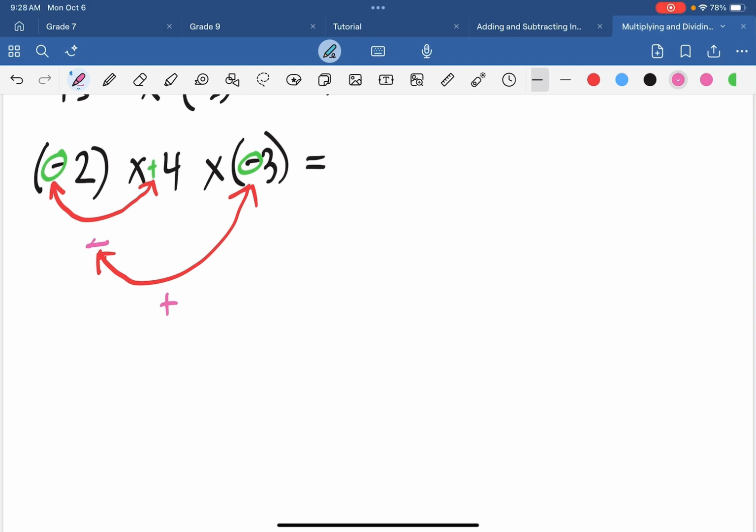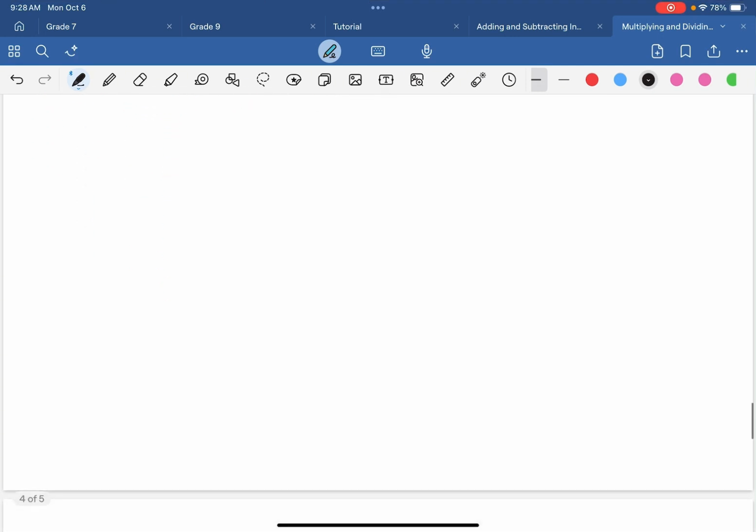So negative 2 times positive 4 is negative 8. Negative 8 times negative 3 is positive 24. And that's it. So I will just give one example involving 3 numbers or terms. And for our activity, it might be 4 or 5. It depends.